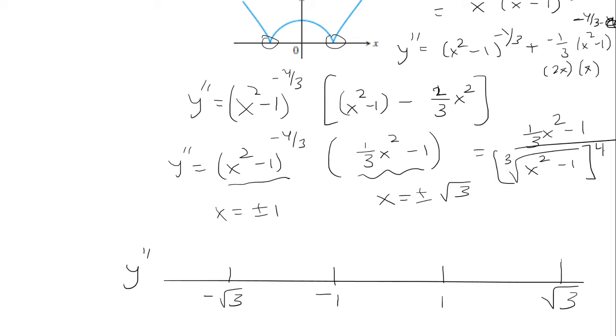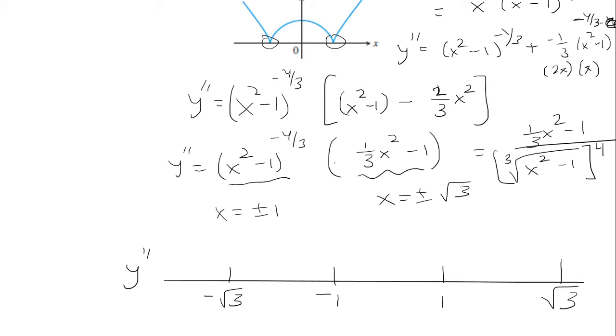One thing to notice is that the denominator is raised to the 4th power, so that's always going to be greater than or equal to 0. The only times it's going to be 0 is when x is plus or minus 1. Okay, and we're not going to be including those points. So what I want to get to is the denominator is positive.